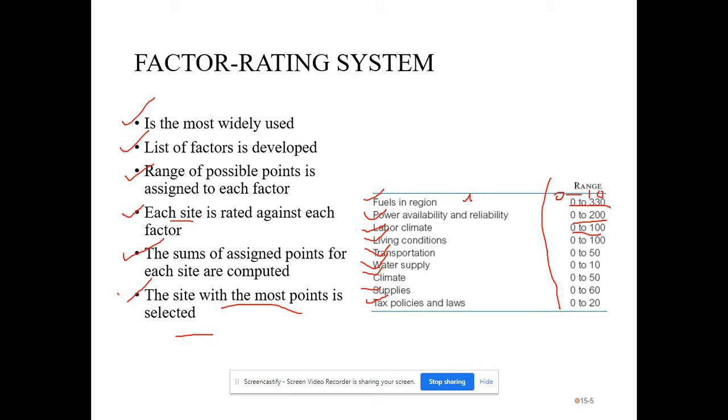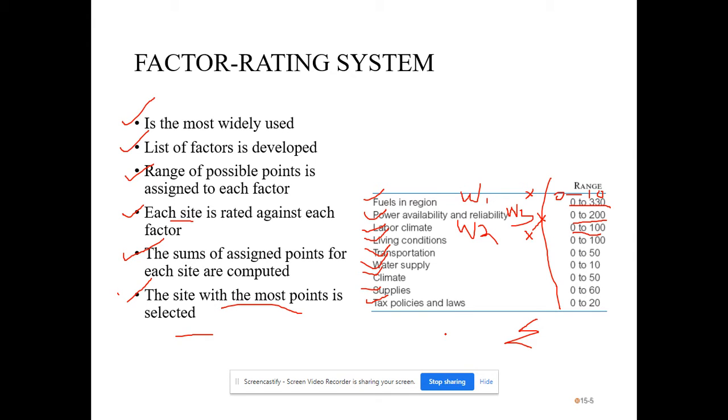So different weights are assigned: W1 maybe for fuel availability, W2 for labor, and so on. So rather than having different ranges of possible points, if you want to decide on the same range, then you can assign different weights to different factors, and then you multiply the weights with the assigned points for each factor, and you do a summation, and the site with the most points is selected.